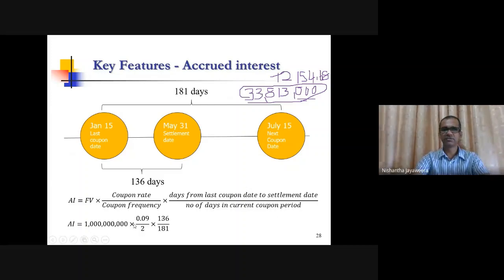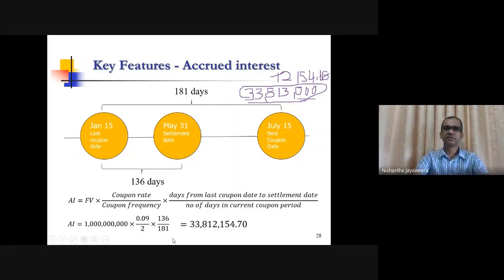Once you substitute all those figures and calculate, you'll get this amount. What does it mean? When this bond is sold with the settlement on 31st May, the bond buyer has to pay the bond seller this amount of accrued interest apart from the price that he is going to pay.